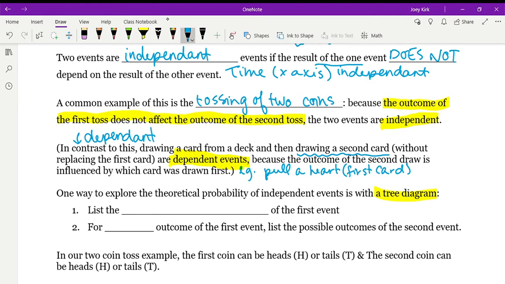To do a tree diagram, you're going to list all of the possible outcomes of the first event, and then for each of the first event outcomes, you're going to list all the possible outcomes of the second event. This sounds super weird, but I promise you when I do an example, it's going to make more sense, okay?